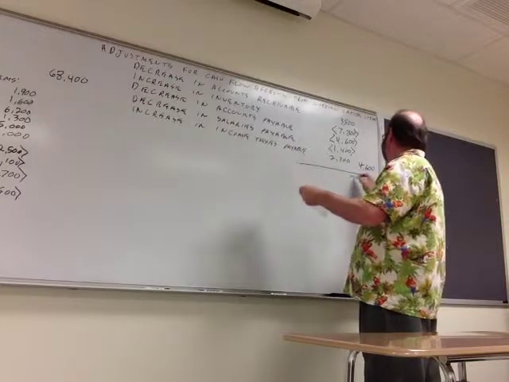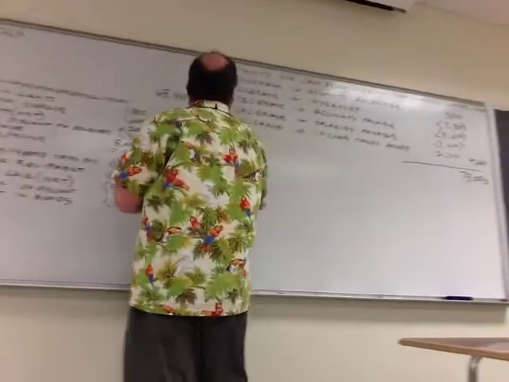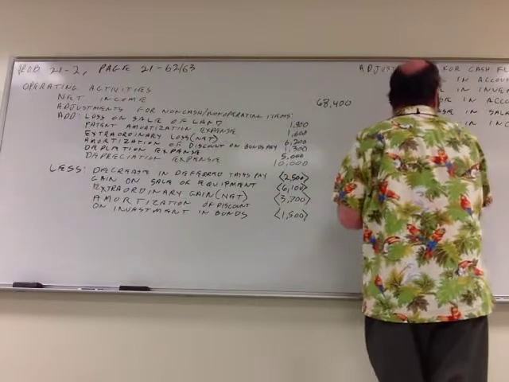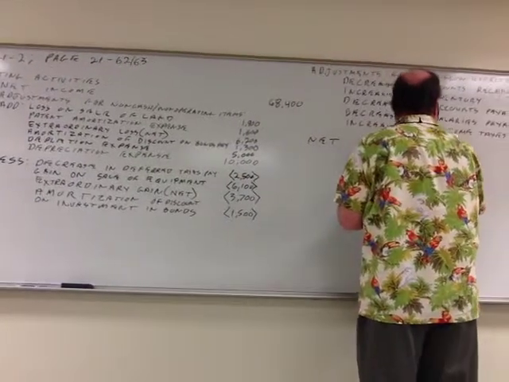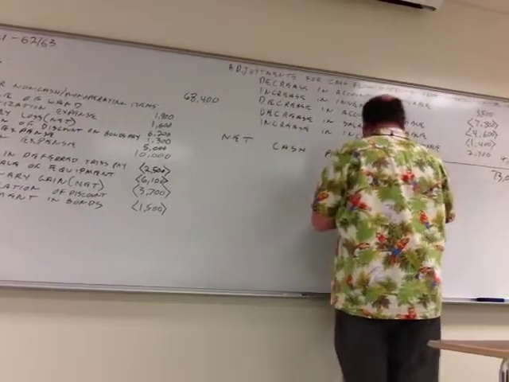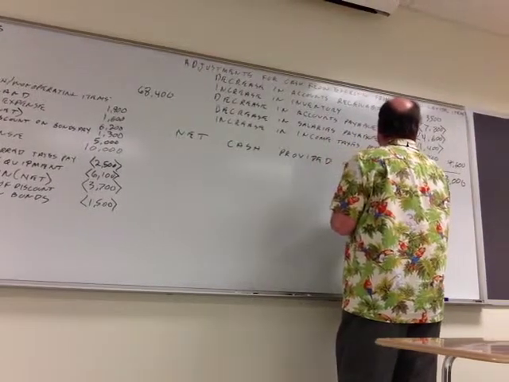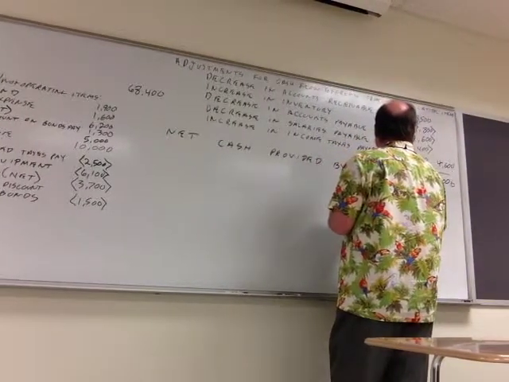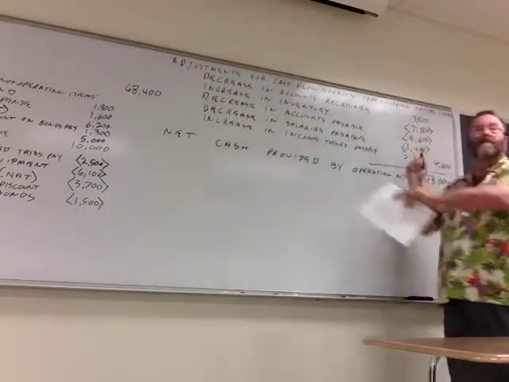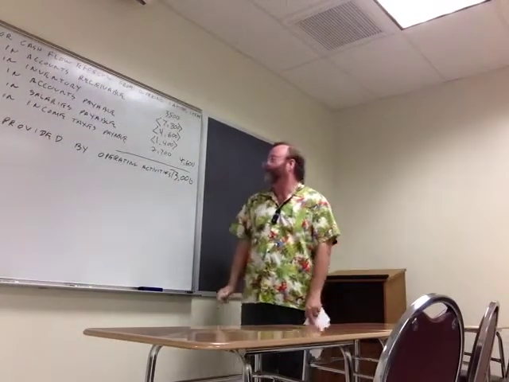Add all that up and you get 73,000, is net cash provided by operating activities. So does that big long column of numbers, for those of you with computers, add up to 4,600? Yeah, okay. I got it correct.